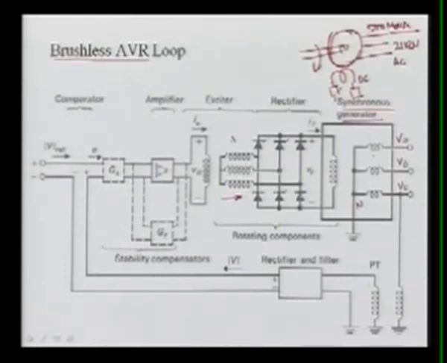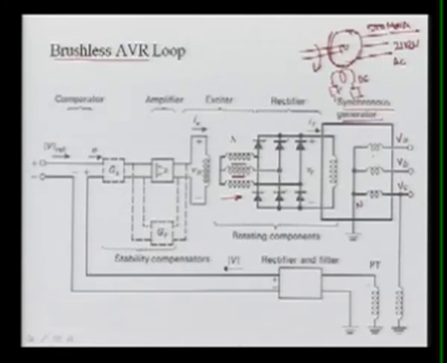This field current generates your field voltage, and then it generates your EF, the excitation voltage. Since it is another alternator, it is no doubt a small power, because the field power is very, very small. So this rating is very small, and we can even go for armature windings on the rotor, with the field winding on the stator.